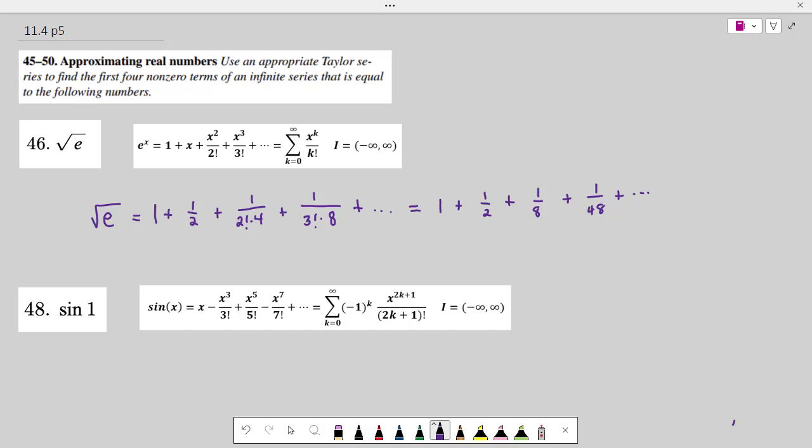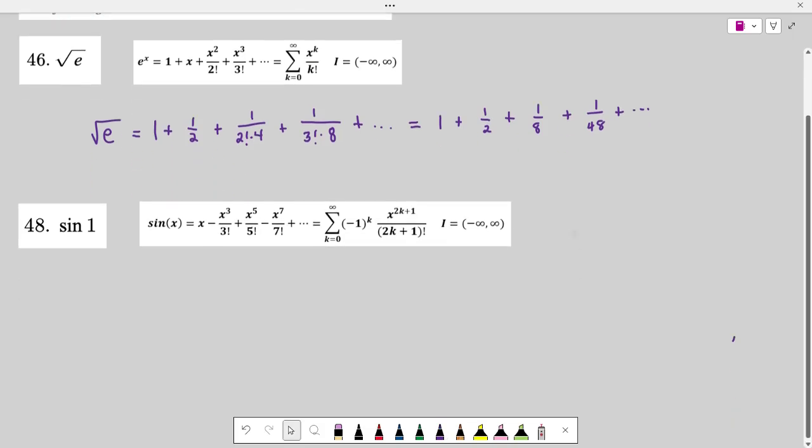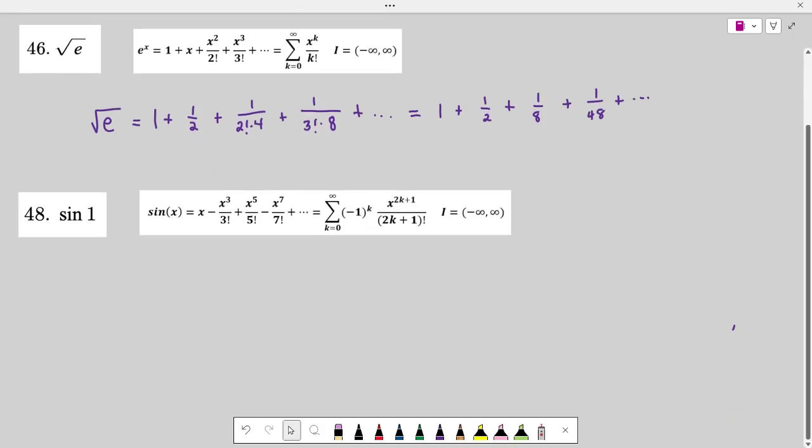Caitlin? So you just plug in whatever number it is for x, just like what we were doing before, but now it has a numerical value. Right, so square root of e is e to the 1/2 power, so if we replace that x with the 1/2, we're getting an expression for that number.